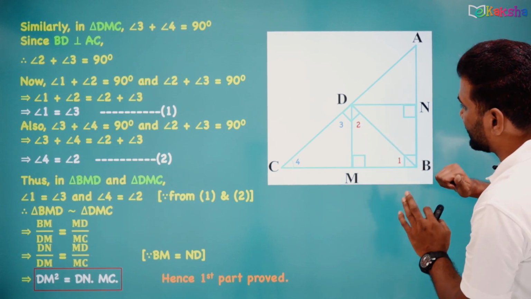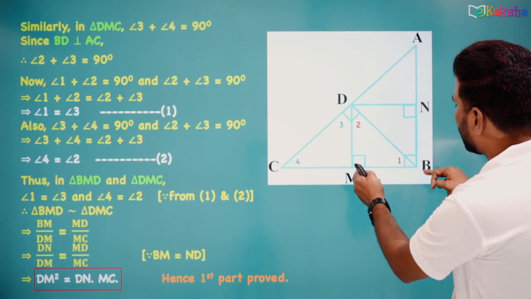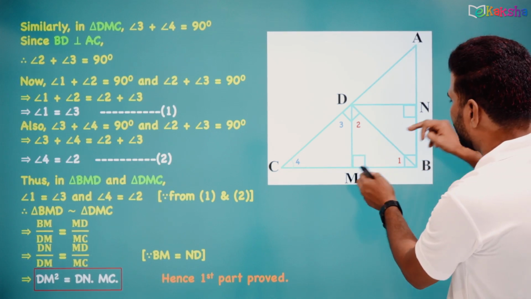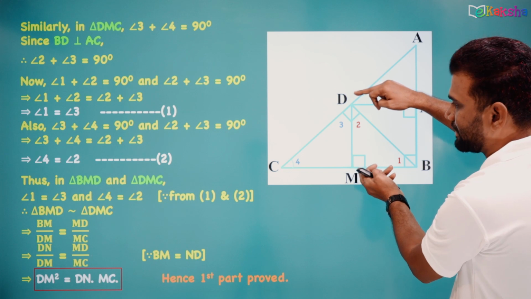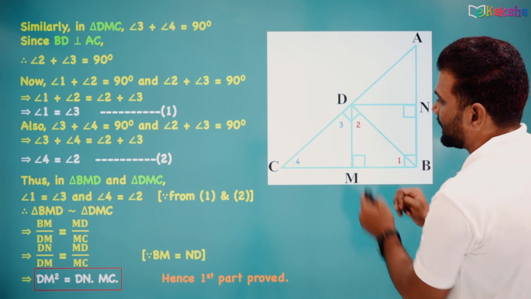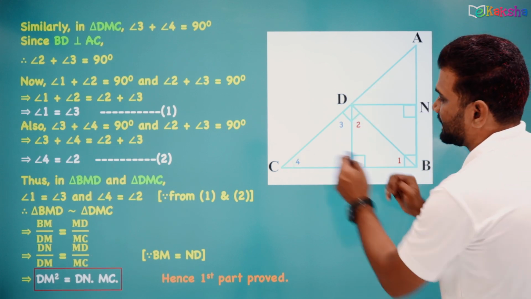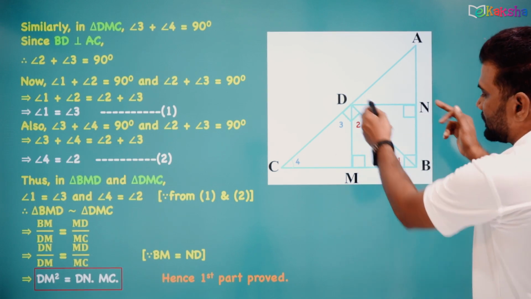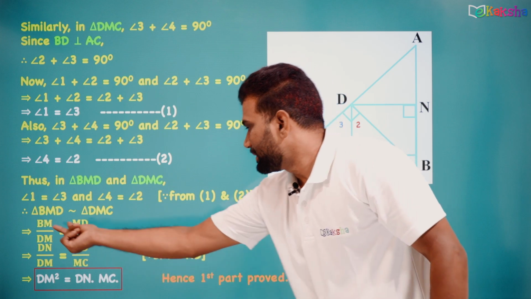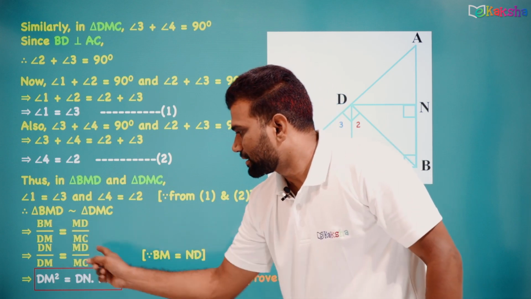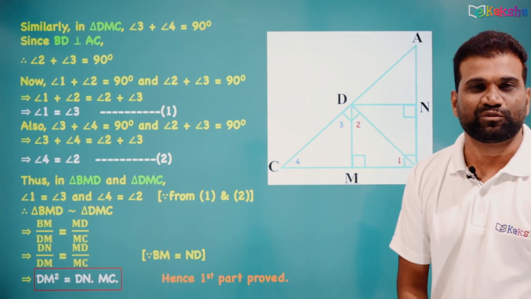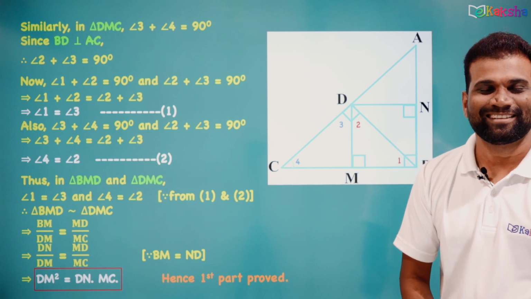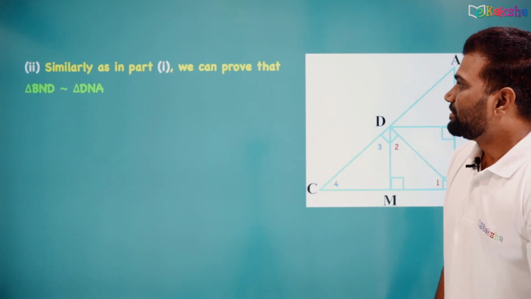So we have taken BM upon DM equals MD upon MC. Again, we replaced BM with ND, and on cross multiplying we have got the proof of the first part. Simple, right?